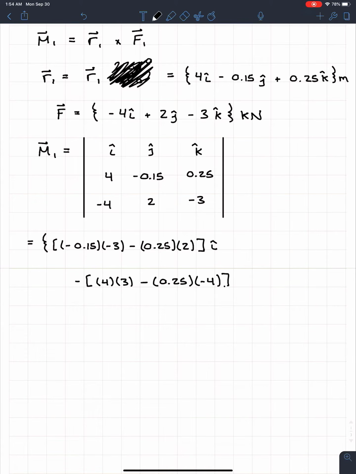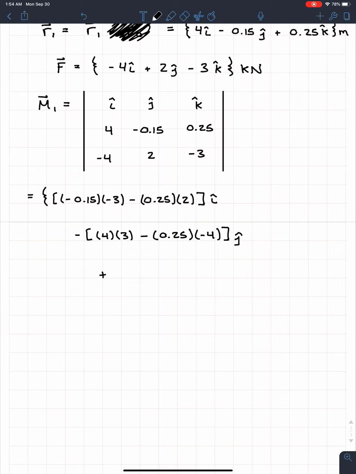And that is in the j direction. And finally, we're going to have a k component, so plus, and then in brackets, it's going to be 4 times 2 minus -0.15 times -4. So that is our moment vector for force 1.